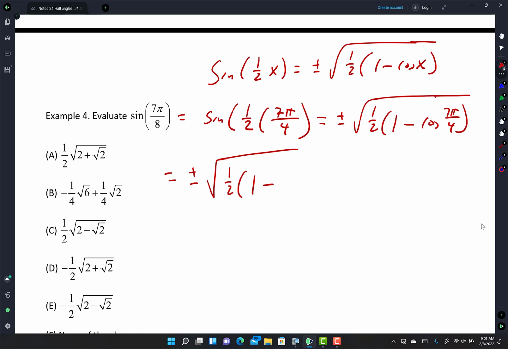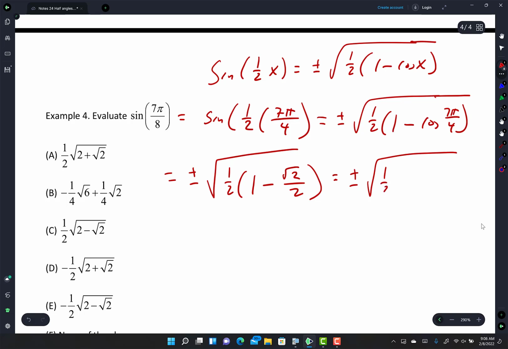What is that x coordinate, guys? Square root of 2 over 2. Your unit circle quizzes are going to come back, guys, because they don't go away. They're not going away. Turn that 1 into 2 over 2, plus minus square root 1/2 2 over 2 minus square root of 2 over 2.